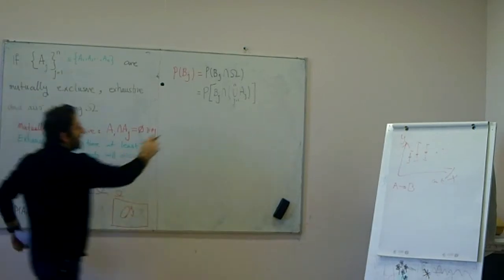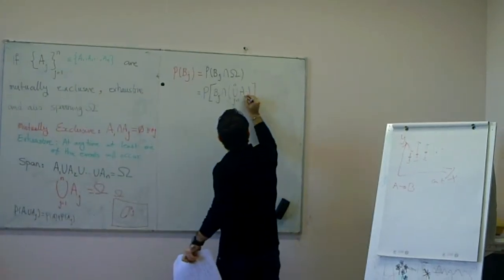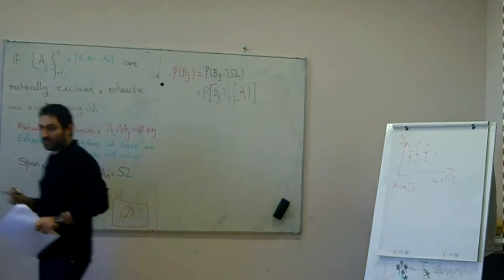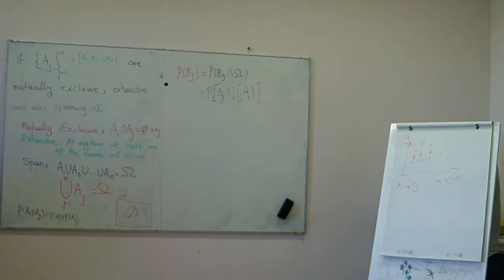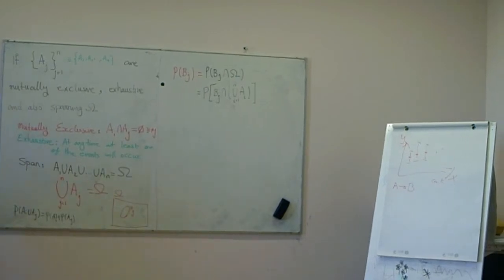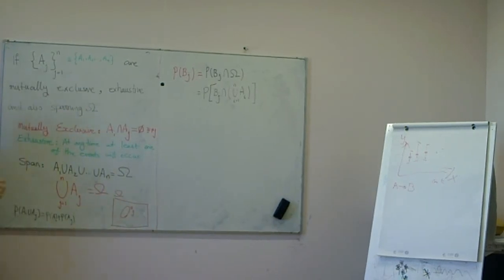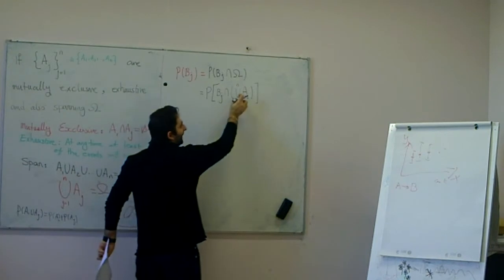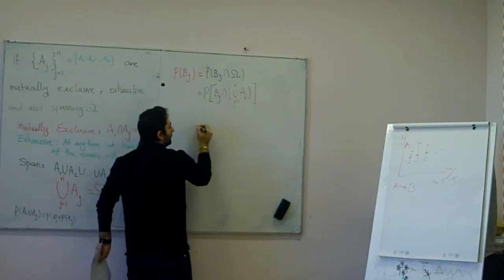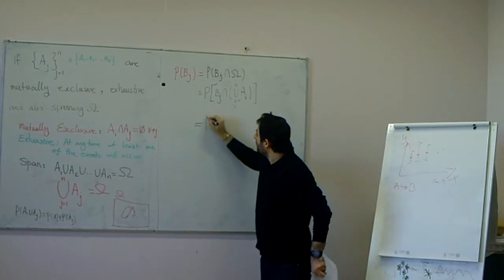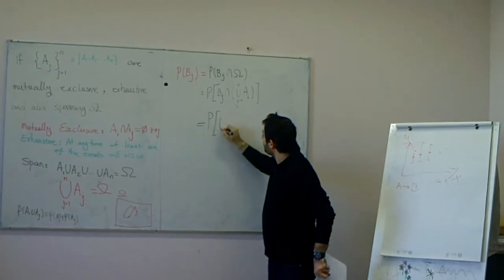Because we use j here, let me change this one to i, so you understand that they are not necessarily the same things. Now, because I know all the A_i's are mutually exclusive and not intersecting, I can put this union out.